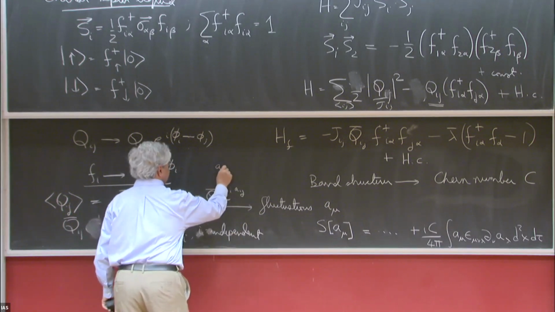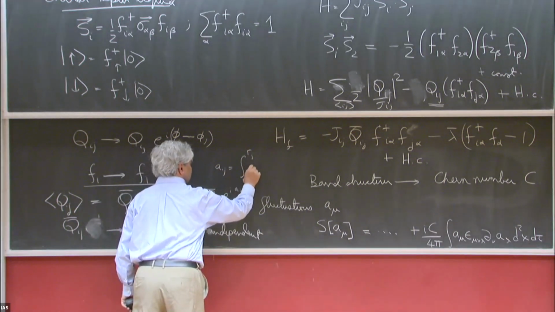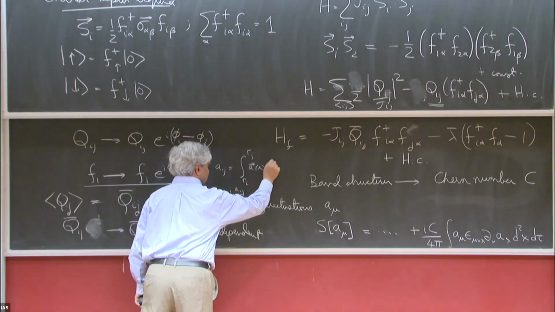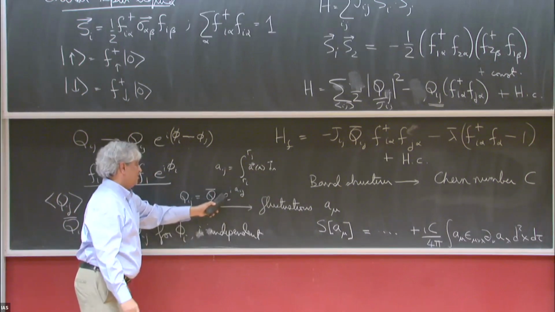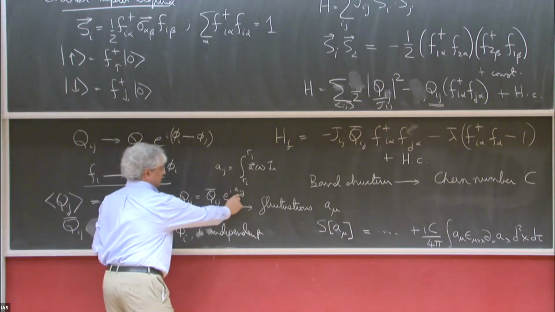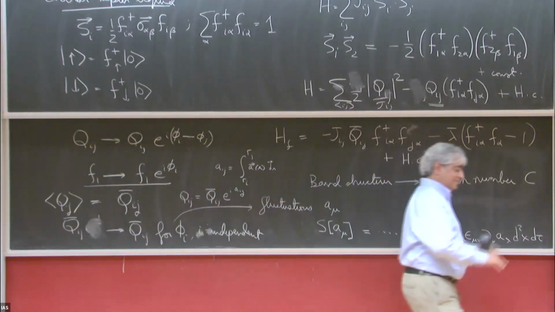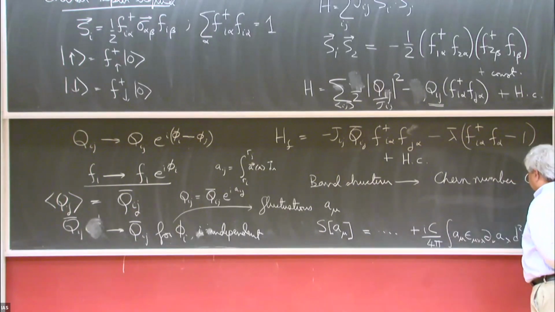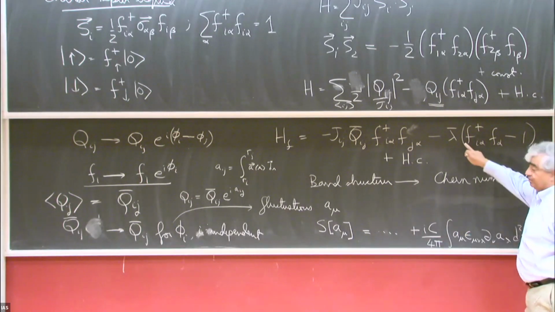And the a_ij, you can write as a line integral from R_i to R_j of some slowly varying continuum field, a dot dr. So you have a saddle point, you perturb it slightly, and then you expand to second order in this. It's a somewhat messy calculation, but amazingly the answer is very simple. And that's the calculation in the TKNN paper. You find that you get this Chern-Simons term, as it's called, with the coefficient which is exactly the Chern number of the spinons.